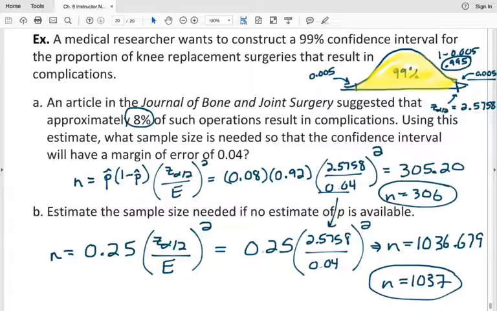Now, just before we end, I want to compare these two numbers. Why is there such a huge difference? Well, what I'd mentioned earlier is that this number right here is assuming the maximum error. If we don't have an estimate to go off of, then we have to assume the max, and that means it's going to give us a larger sample size than we possibly need.